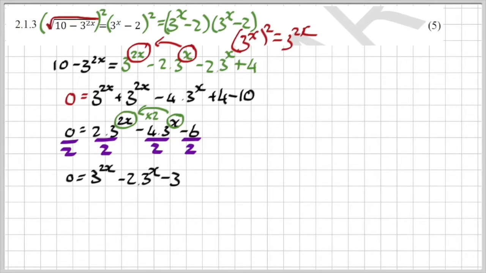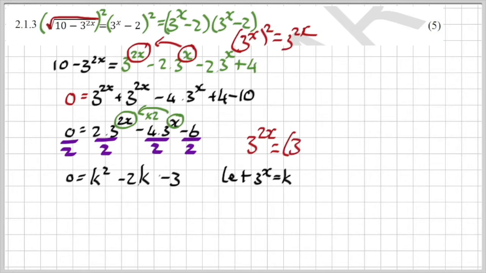And how do I know it? Because the one exponent is twice the other one. So I'm going to let my 3 to the x be equal to k. Why is that? Because 3 to the 2x is k squared, and 3 to the x is just k. If you're getting a little bit confused, remember 3 to the 2x means 3 to the x squared.